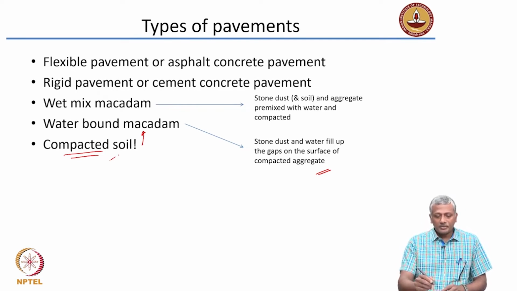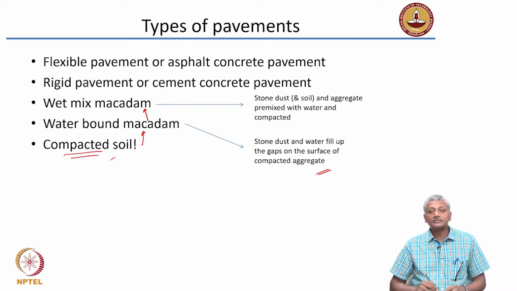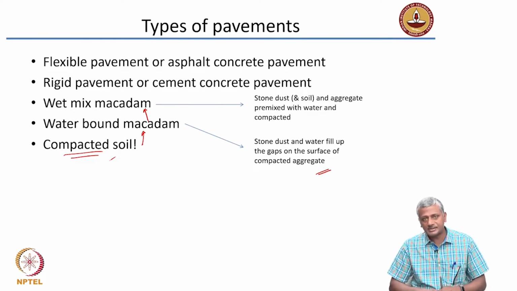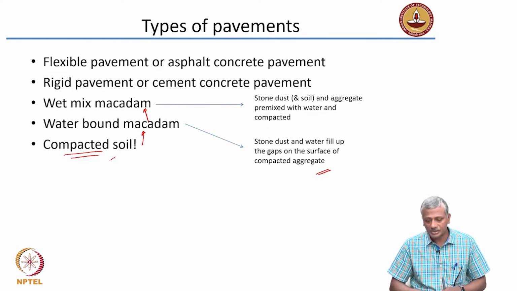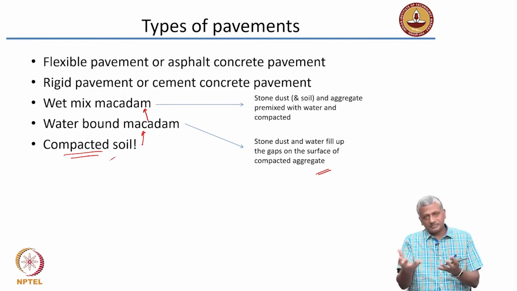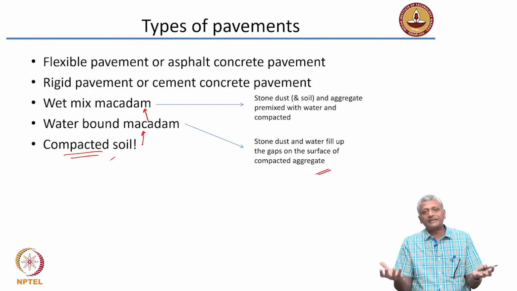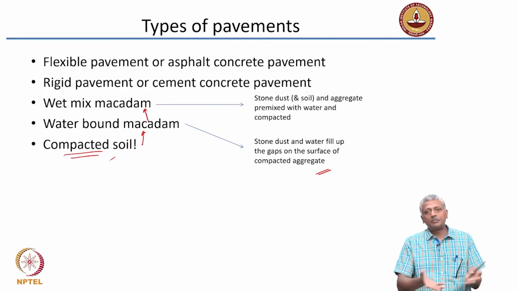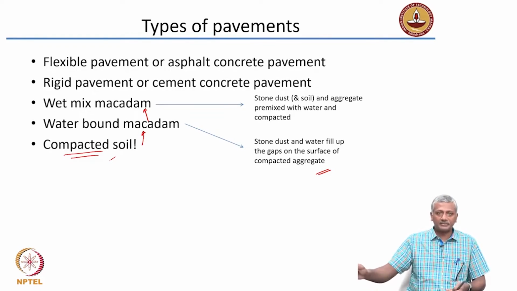Okay. From here, we move to a slightly more advanced approach called the wet mix macadam. So, here instead of compacting the aggregate and then putting the stone dust slurry inside, what we do is we mix up stone dust, some sand and soil and the aggregates along with water in a mixer, and then we pour it out on the surface and then compact it.